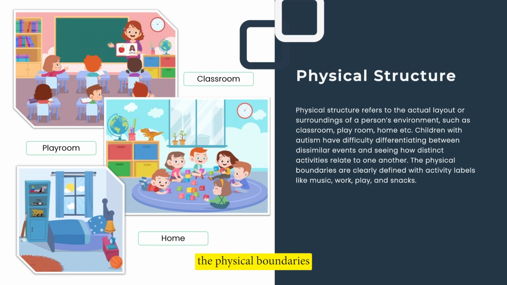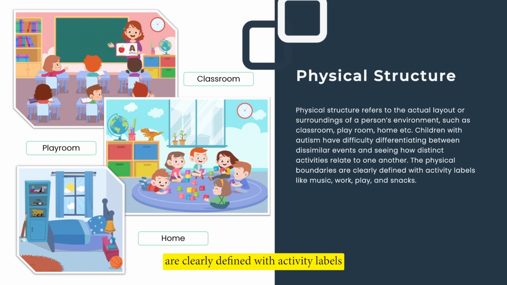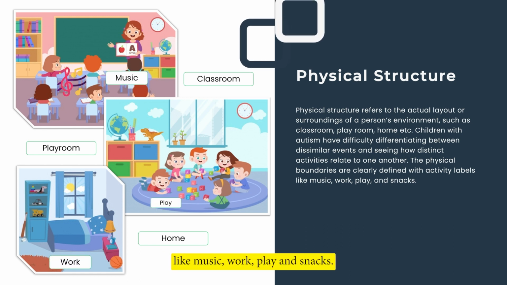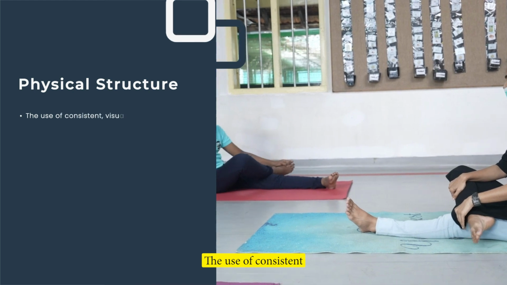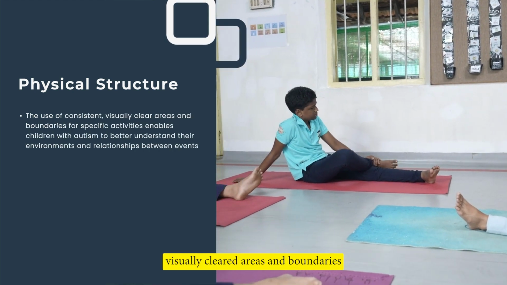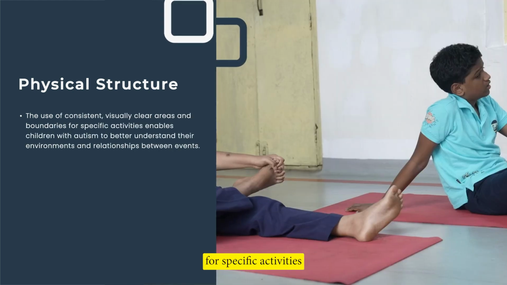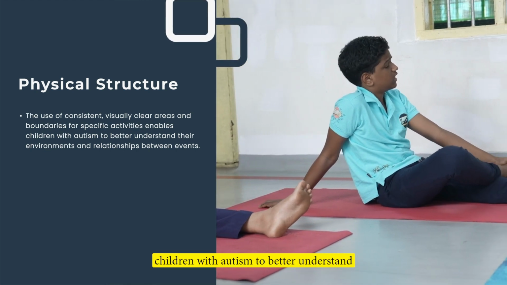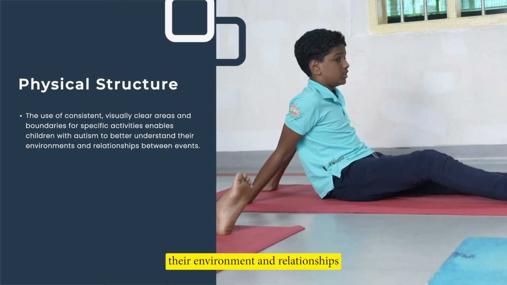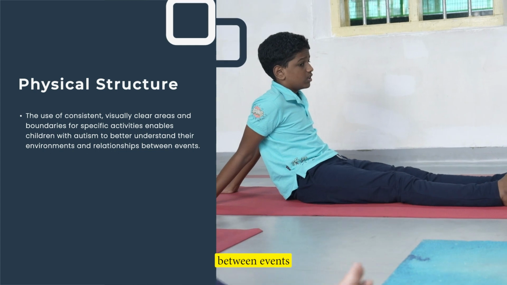The physical boundaries are clearly defined with activity labels like music, work, play, and snacks. The use of concise, visually clear areas and boundaries for specific activities enables children with autism to better understand their environment and the relationship between events.